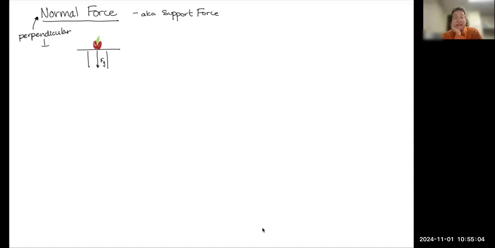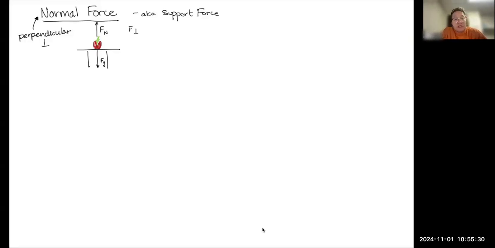But we also know that it can't be in free fall. Gravity can't be the only force acting on it. Why? Because it's not falling, right? It's just sitting there. And that's where our friend, the normal force, comes in. I will usually write this as F sub n. Sometimes you'll see it written as F perpendicular.